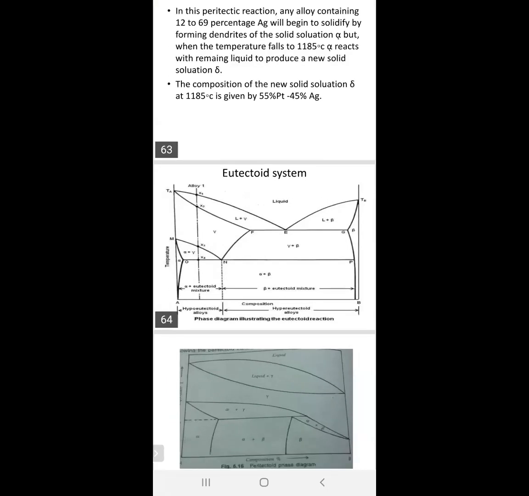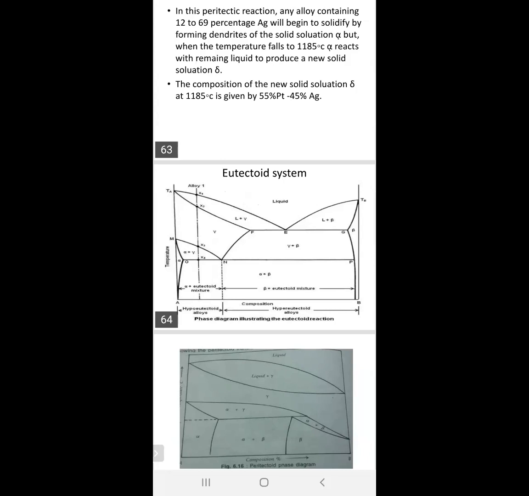Hello, this phase diagram. Tell me. Alpha plus. Tell me, the first invariant reaction is one solid phase gives two solids.